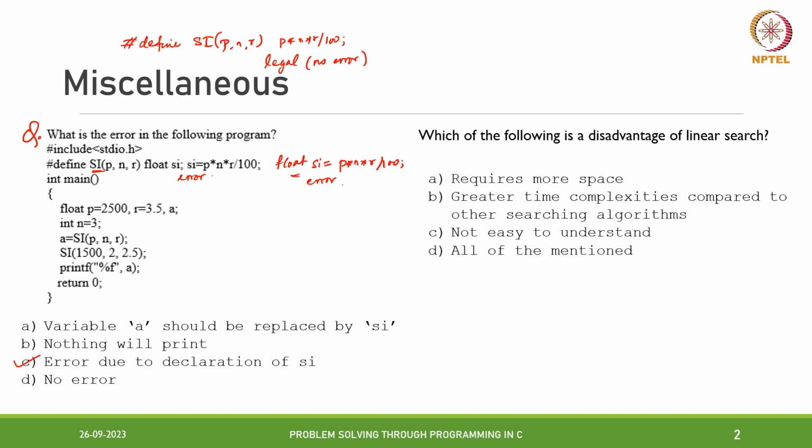If you want to simply write an inline function using a macro, you can just write define si in parenthesis P and R, and then just write the return value, P into N into R by 100. That's all, and the code will run just fine. So here the error is the declaration, or I would say the multiple declaration, of the variable si. Is that clear?